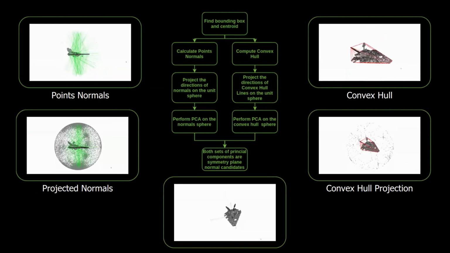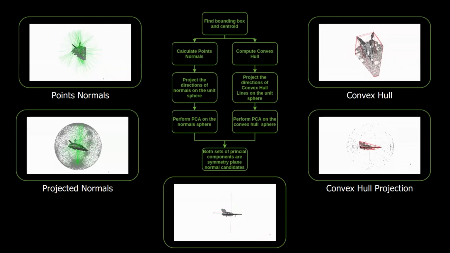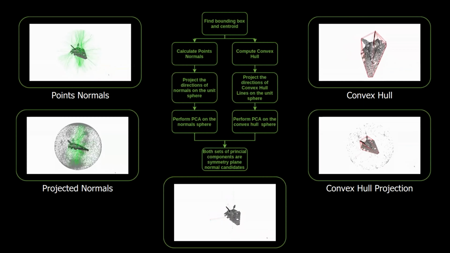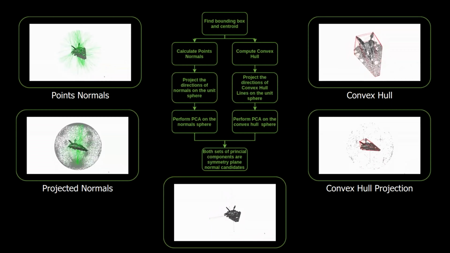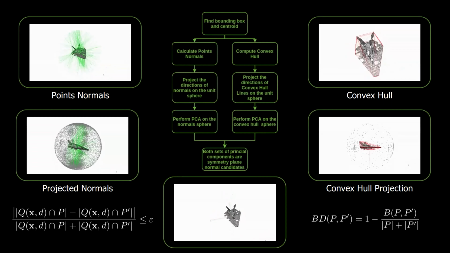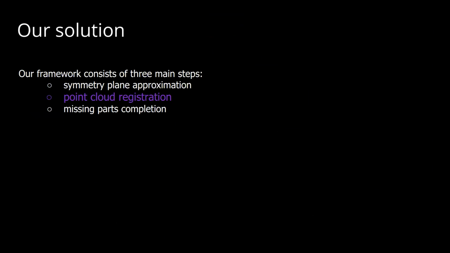Then, based on the two spheres, we calculate the principal components, and in this way we get six candidates for the normal to the symmetry plane. With the proposed metric, the so-called balanced distance, we can find the best candidate, and it will be the normal to the symmetry plane.